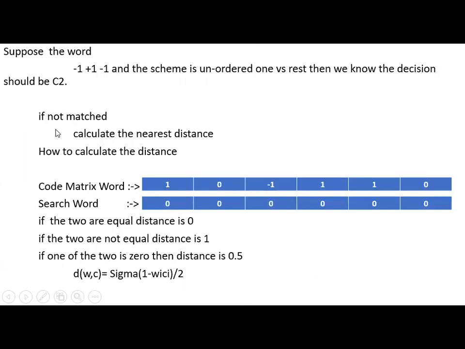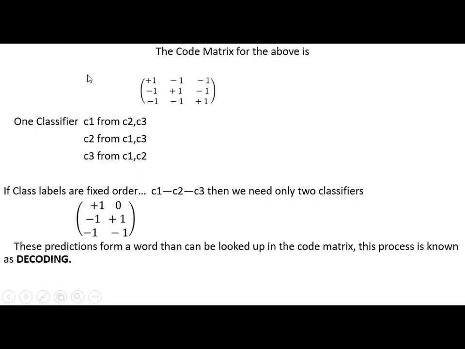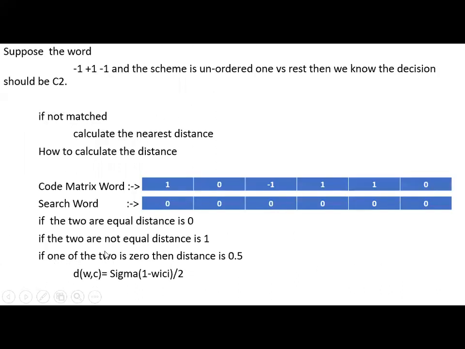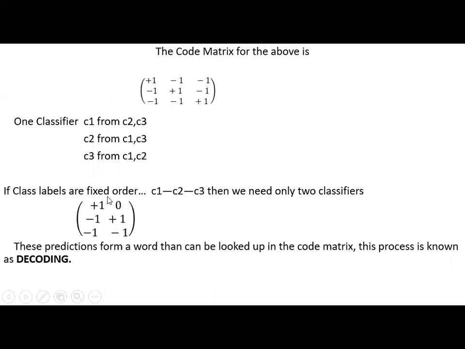Now, how do we find the minimum distance? Or how do we say that C1 is good, C2 is good, or C3 is good? Let me tell you, by using a search word.